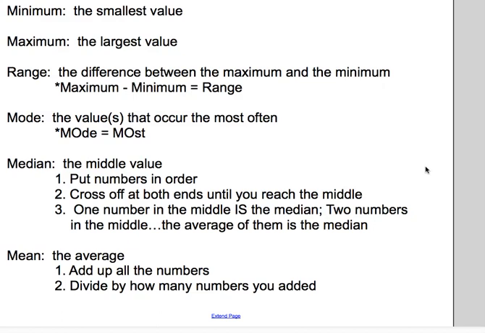If the two numbers in the middle are the same number, like say they're both 37, well, then 37 is your median. Sometimes you might have to go into decimals. For example, if your two numbers in the middle are 20 and 21, then the average of those is going to be 20.5.